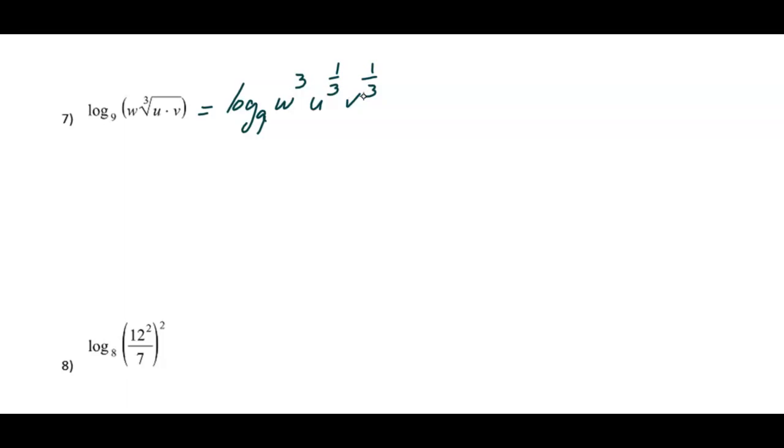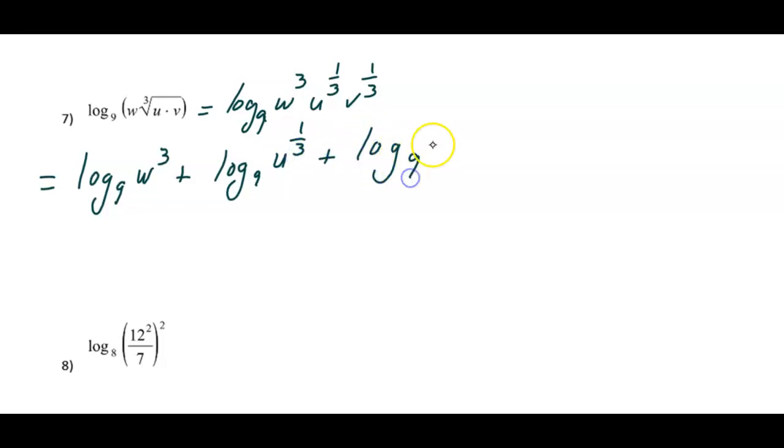We're going to expand this out to our 3 logarithms. So log base 9 of w cubed plus log base 9 of u to the 1/3 plus log base 9 of v to the 1/3.